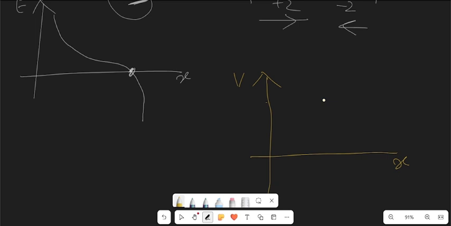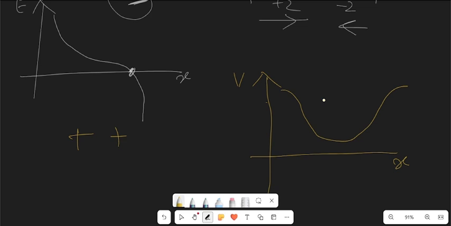Now again, both of them are positive, they're going to reinforce each other. So we're going to start it like this, not like this. It's not going to touch because it's reinforcing.